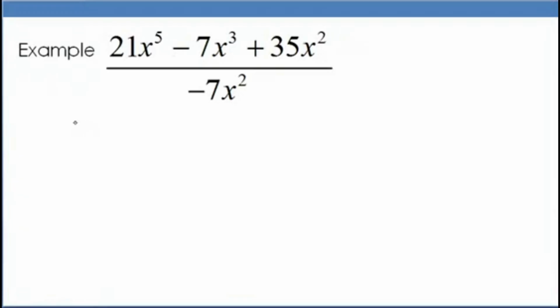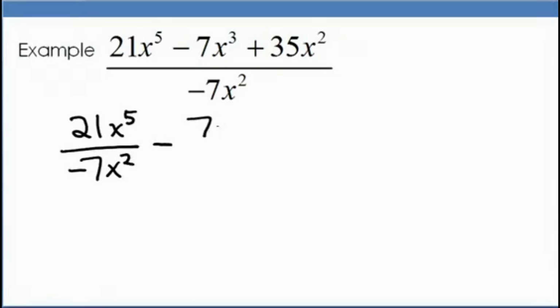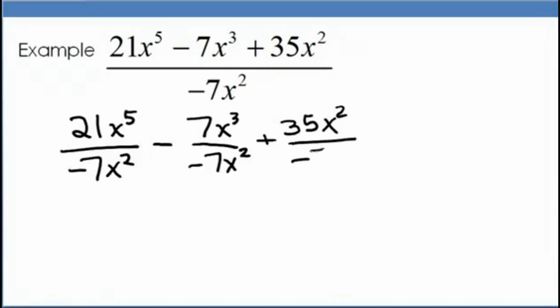So we'll have 21x to the 5th over negative 7x squared minus 7x cubed over negative 7x squared plus 35x squared over negative 7x squared.